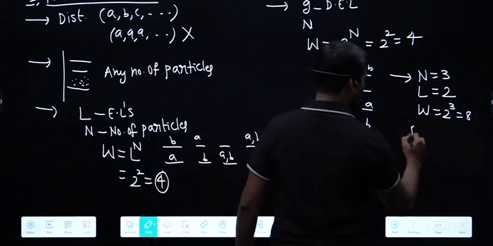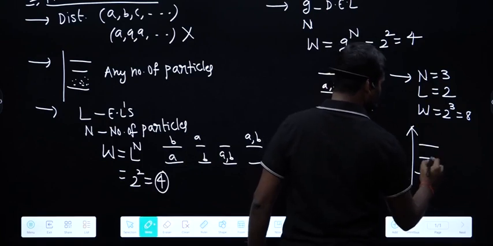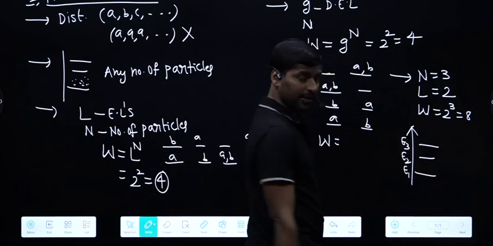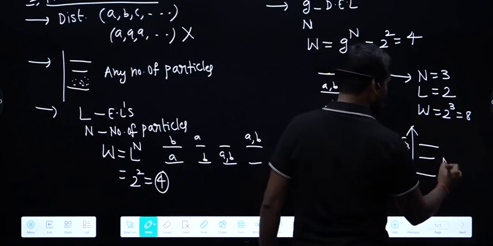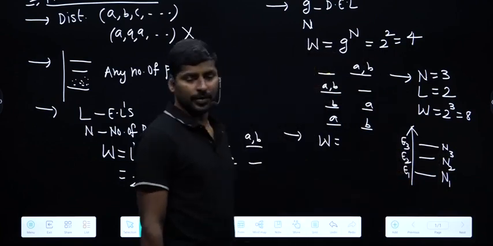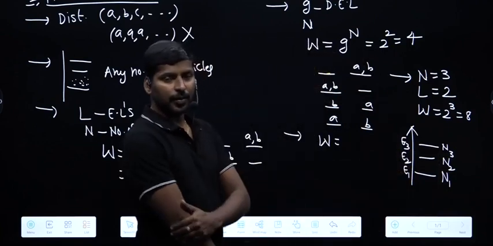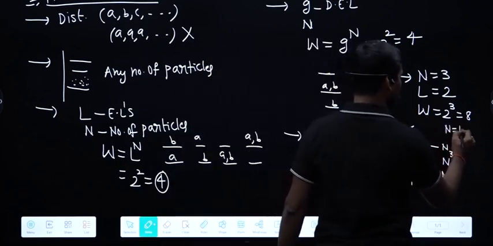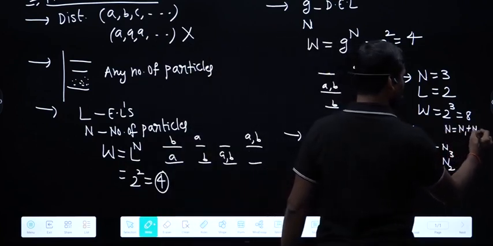The third case is, for example, we have various energy levels like this: E1, E2, E3. N1, N2, N3 are the numbers of particles present in the given energy levels. Capital N is the total number of particles, that is N1 plus N2 plus so on.